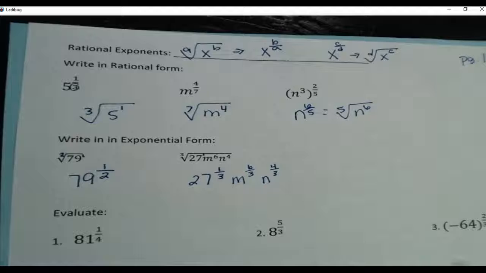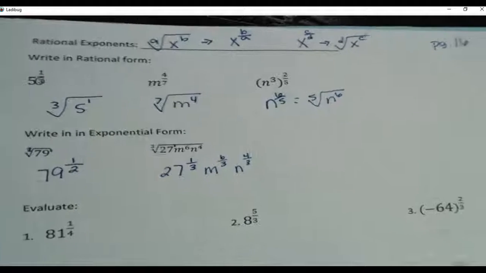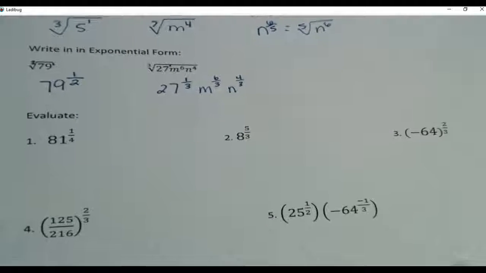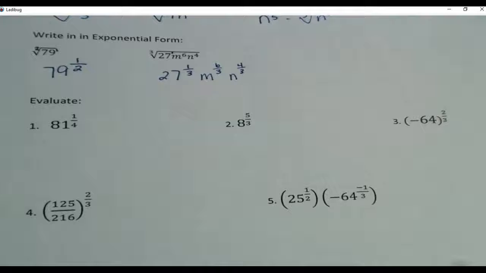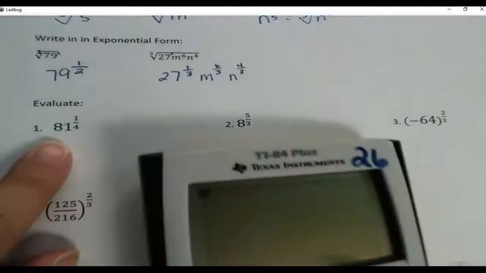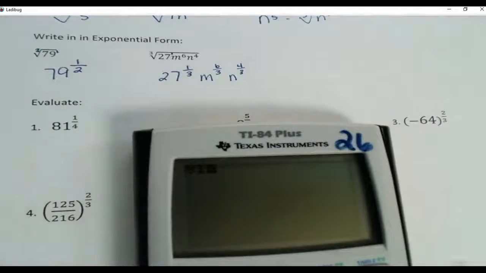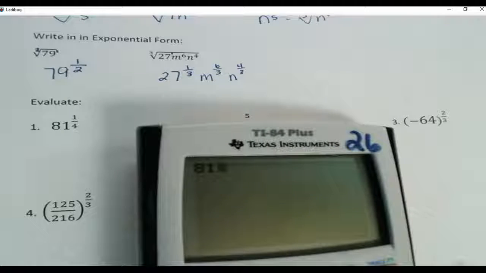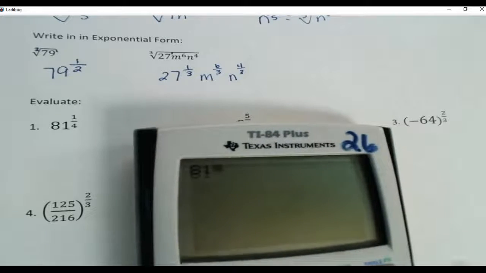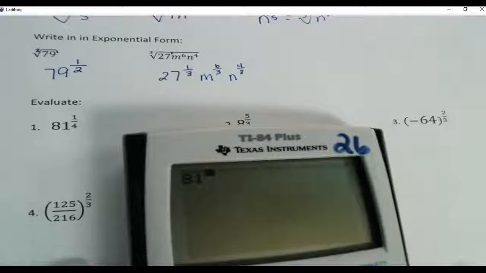Alright, so down here at the bottom, we want to evaluate. So when we evaluate, you can do just like what we were doing the other day, and first step is type it in the calculator, and then if you get a decimal, we'll go from there. So we look at the first one, 81 to the 1/4 power. So you type your 81, do your little caret, and then 1/4.